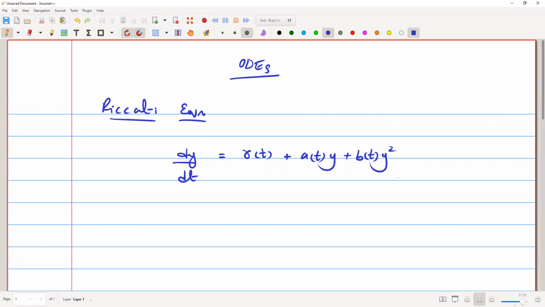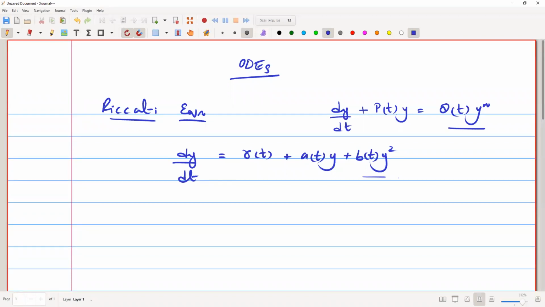So we can see here that the difference between Bernoulli's equation and Riccati's equation is pretty simple. In Bernoulli's equation, we have dy over dt plus a function of t with y equals q of t with y to the power n. So the difference is y to the power n here, and here it's y squared.